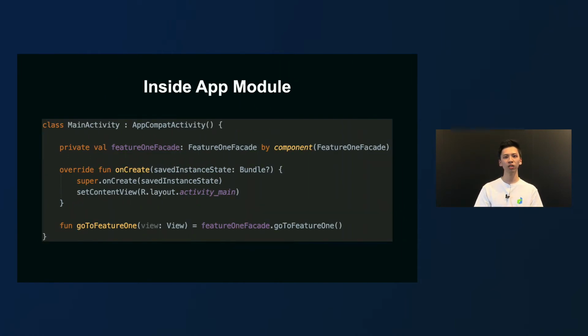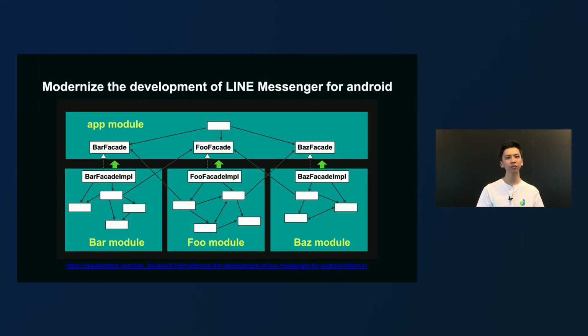This is how we call the service provider interface in the main activity in the app module. We obtain the feature 1 facade components lazily using the extension function, the context.components function here. And then we can simply call the function go to feature 1 using the property. Using the service locator pattern, we can create many facade interfaces for different features.